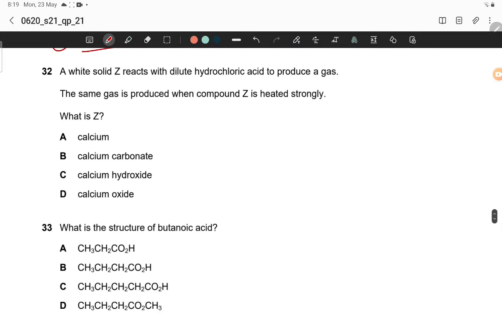A white solid Z reacts with dilute hydrochloric acid to produce a gas. The same gas is produced when compound Z is heated strongly.